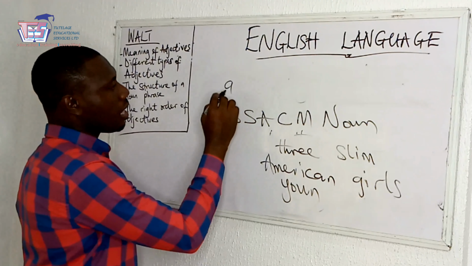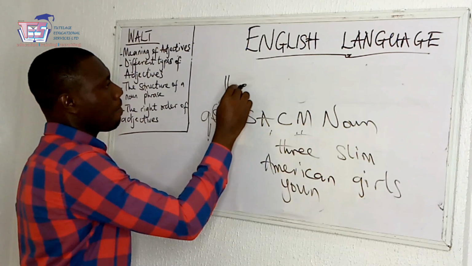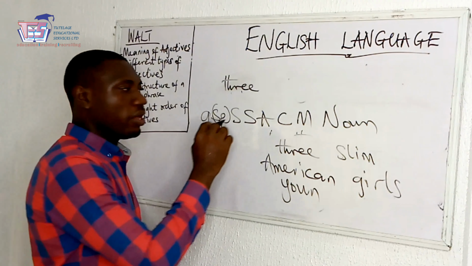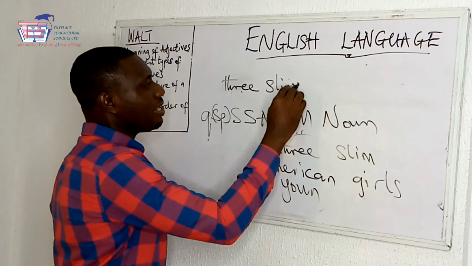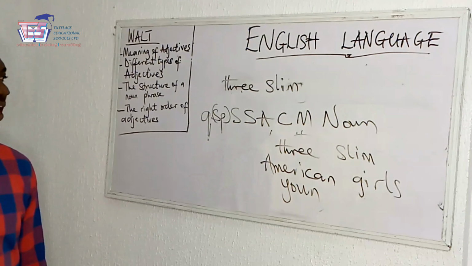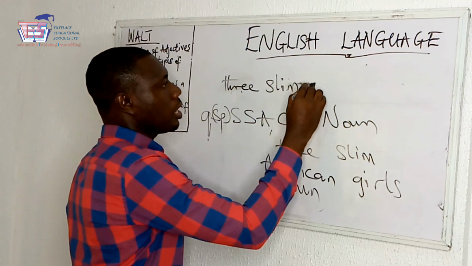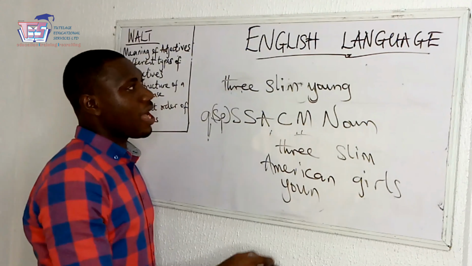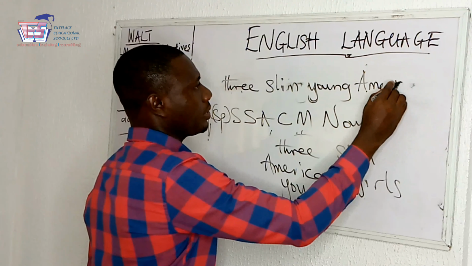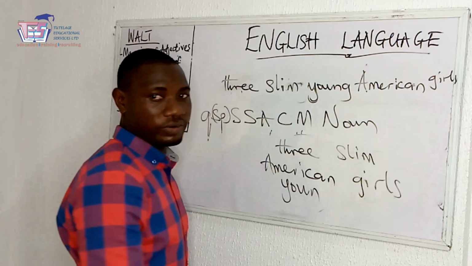Anything about quantity comes first before any adjective. So we have three. Slim is their general size. Slim will come next. Age will come next. Young. Where do they come from? America. American. Then the noun is girls.